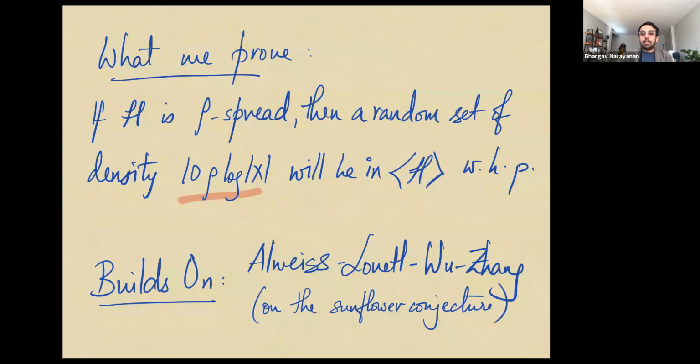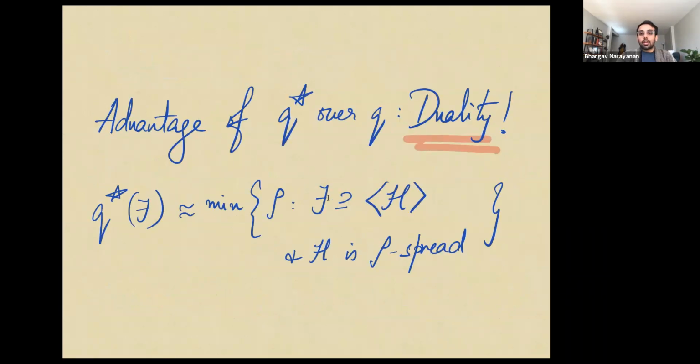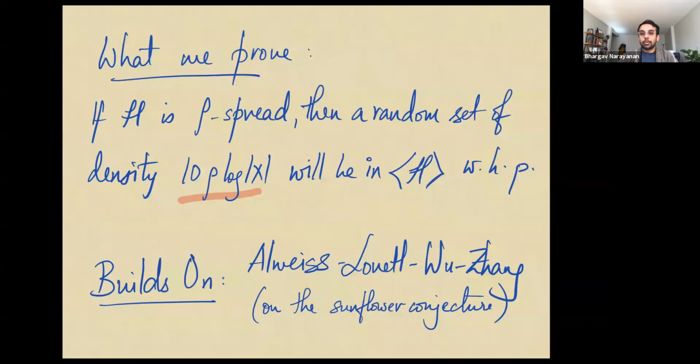Okay, and that's good because remember, F contains this upset over the hypergraph, so as long as you end up containing some element of this H in your random set, you've done what you were hoping to accomplish.